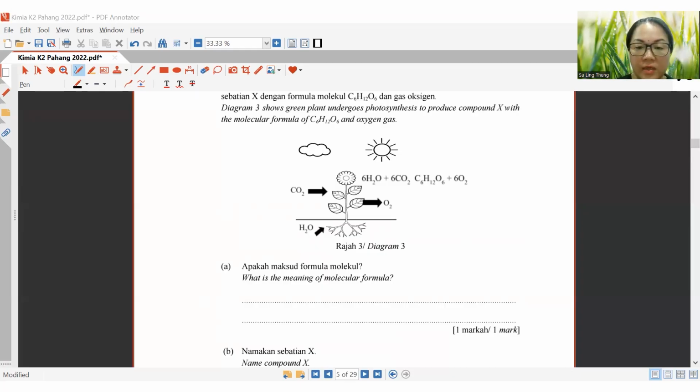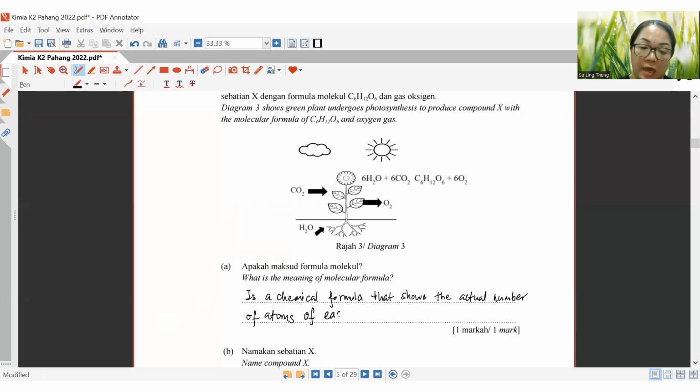A molecular formula is a chemical formula that shows the actual number of atoms of each element in a compound.